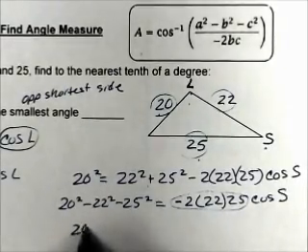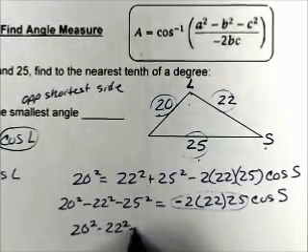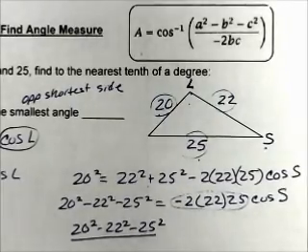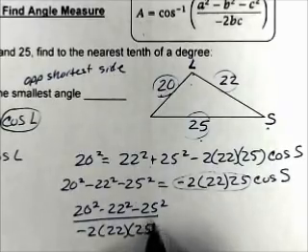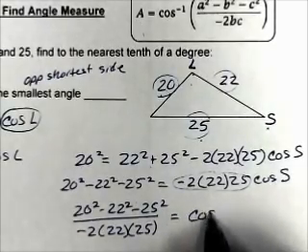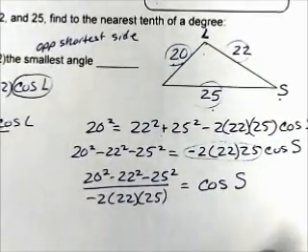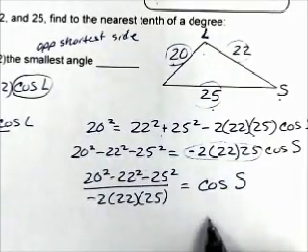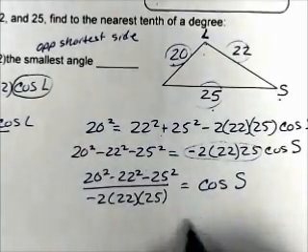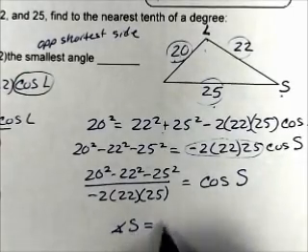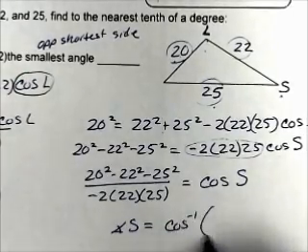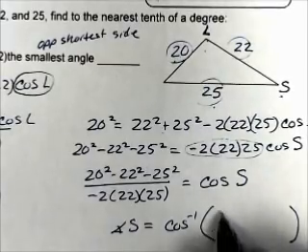So we have 20 squared minus 22 squared minus 25 squared divided by negative 2 times 22 times 25. This equals the cosine of S. So angle S is going to equal the cosine inverse of that fraction.